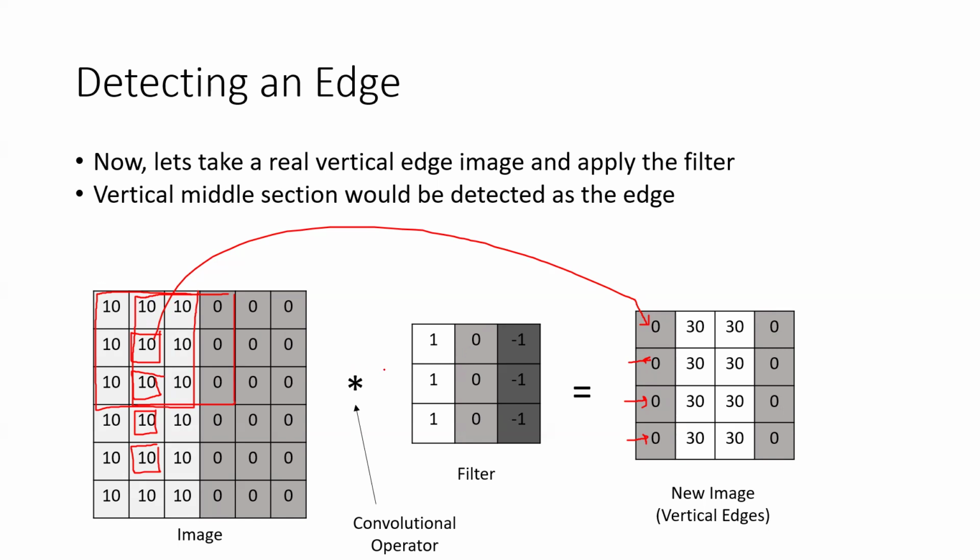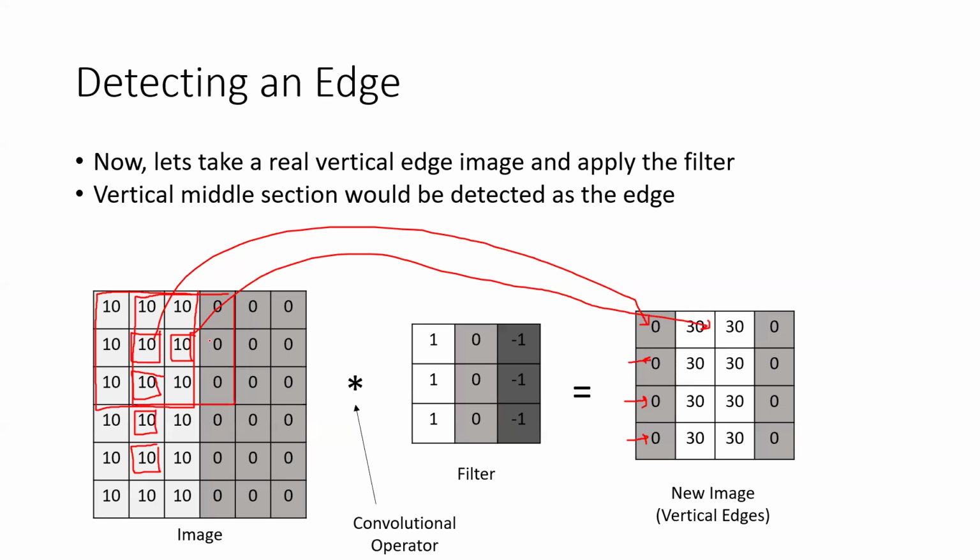These 10 values get multiplied by 1, and the 0 values get multiplied with -1s, right? So it would be 10 times 1 three times, that is 30, plus -1 times 0 three times, which is 0. So the total would be positive 30 for this pixel.